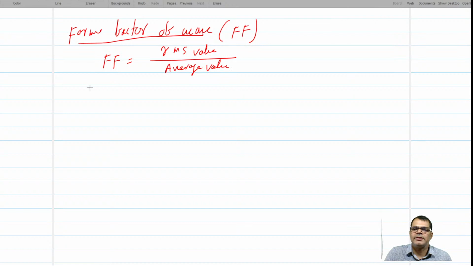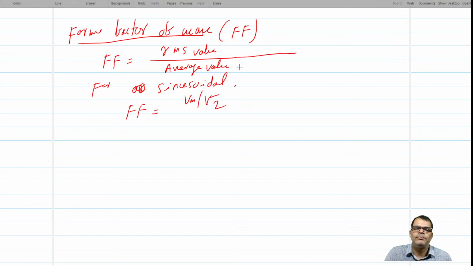For sinusoidal, FF is equal to RMS value Vm upon root 2 over the average value of the full wave rectified wave, because the average value of the sinusoidal will be 0.